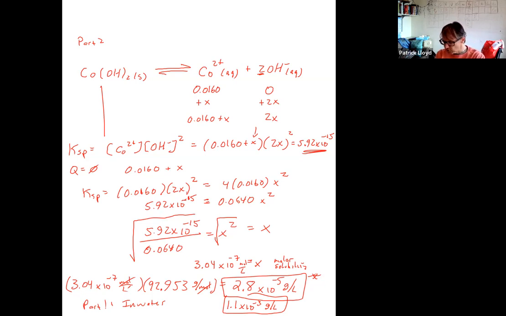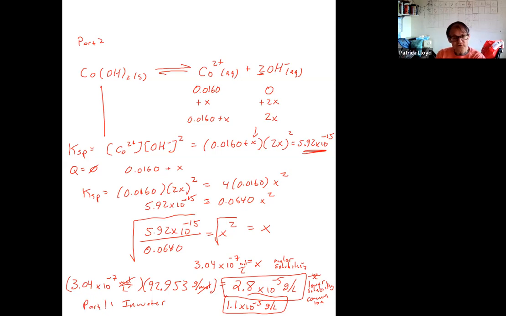So you actually get a lower solubility when you have the common ion. Sometimes people call that the common ion effect. Essentially, by adding that common ion, the cobalt ion, that lowered the solubility of the Co(OH)2, the cobalt 2 hydroxide compound. Likewise, if we had made the concentration of hydroxide higher artificially by adding some strong base like sodium hydroxide, that also would have lowered the equilibrium concentration of the solute here.